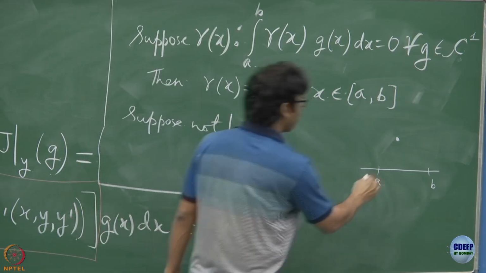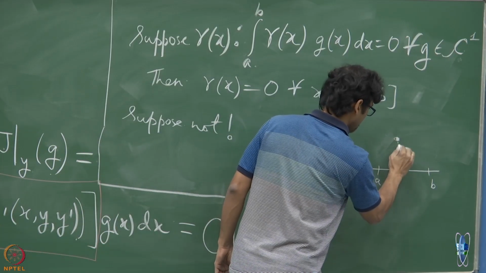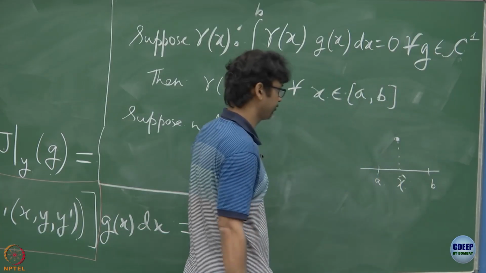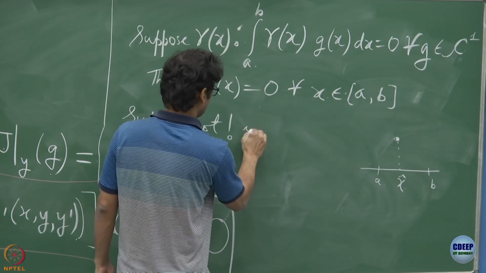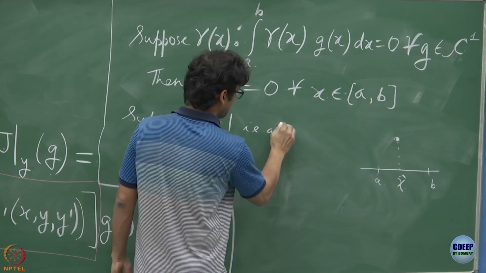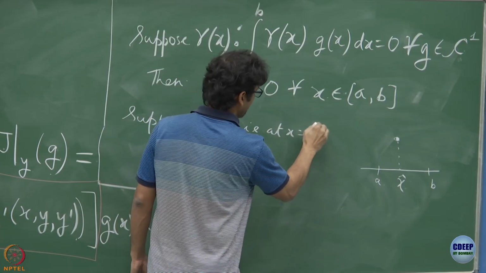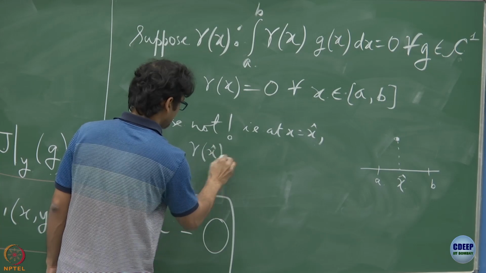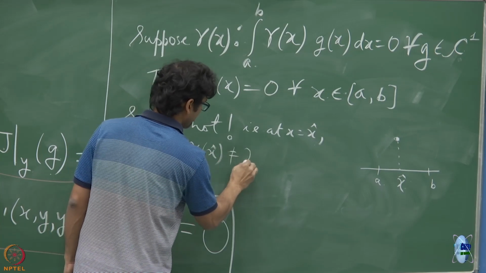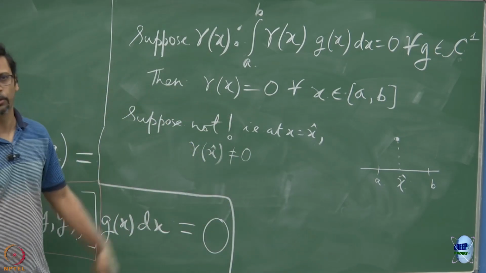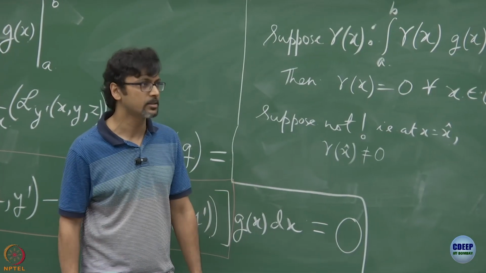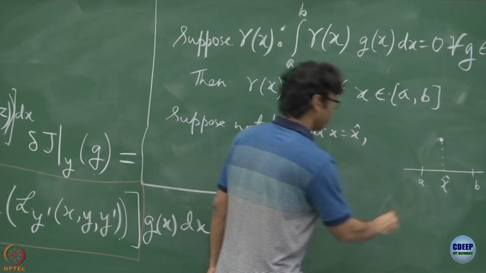Suppose at some point, say x hat, that is at x equal to x hat, gamma x hat is not equal to 0. So let it be something positive without loss of generality. You might as well take it negative, it doesn't matter. Let it be positive.